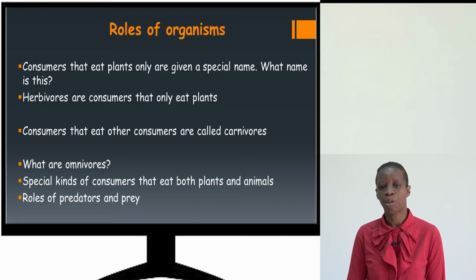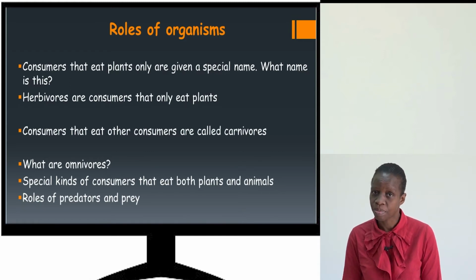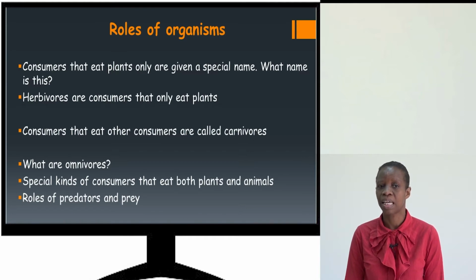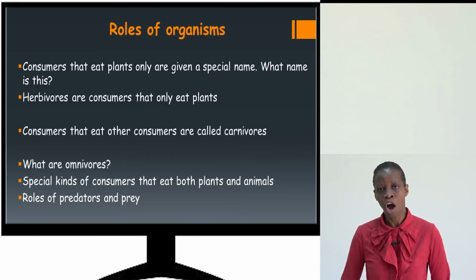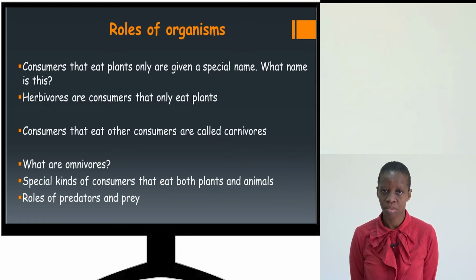Now, as we pointed out, the bee could be eaten by the bird. So the bird is also a consumer, but in this case, the bird is eating the bee. So that bird is another type of consumer. All right, now there are some consumers that only eat other animals, right?